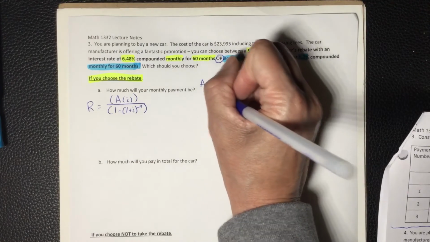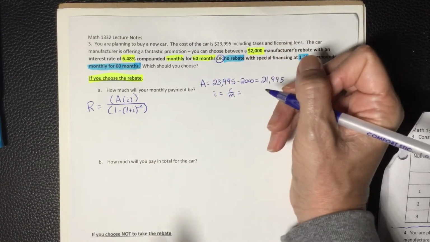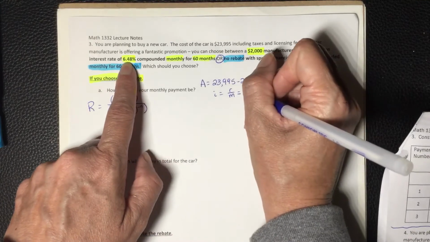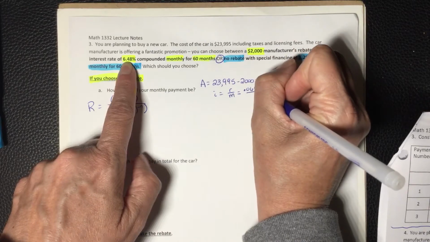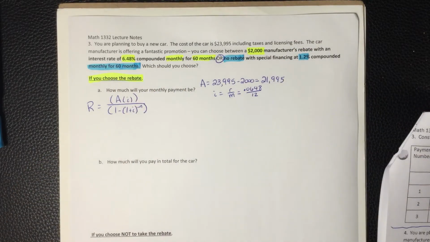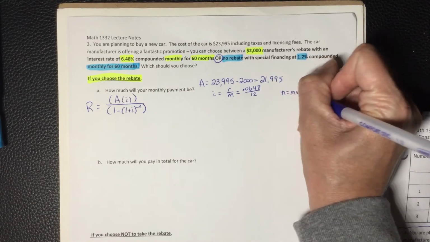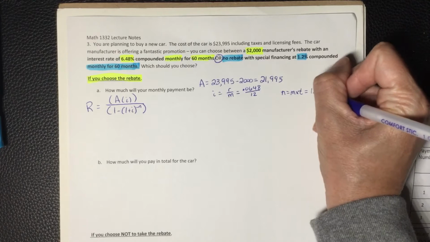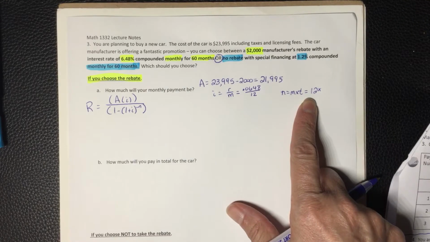Our I is going to be, as always, R divided by M. So we're taking the 6.48, we're going to change that to 0.0648. We're compounding monthly, so we'll divide that by 12. And then N is going to be our number of payments. So we're making monthly payments. Now notice this is a little tricky.